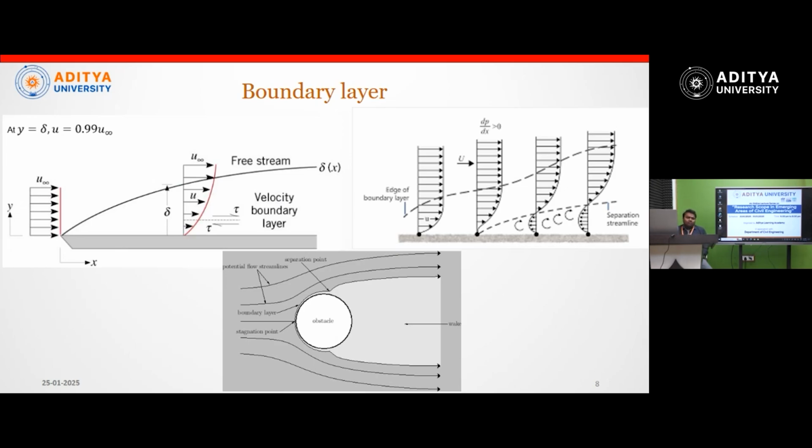See, in the boundary layer there are so many types: laminar boundary layer, turbulent boundary layer, so many things. I will give one small example. What is the difference between laminar and turbulent? If we have a glass of milk, just add sugar, and if you drink it, that is the laminar boundary layer.